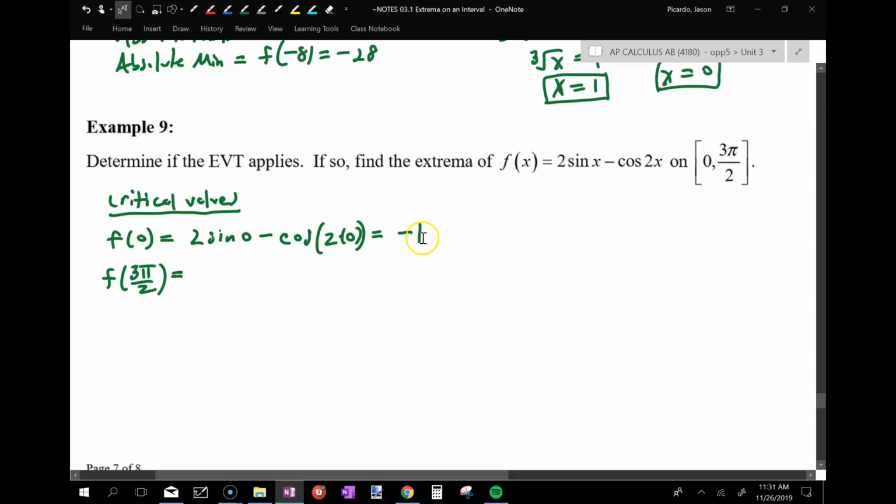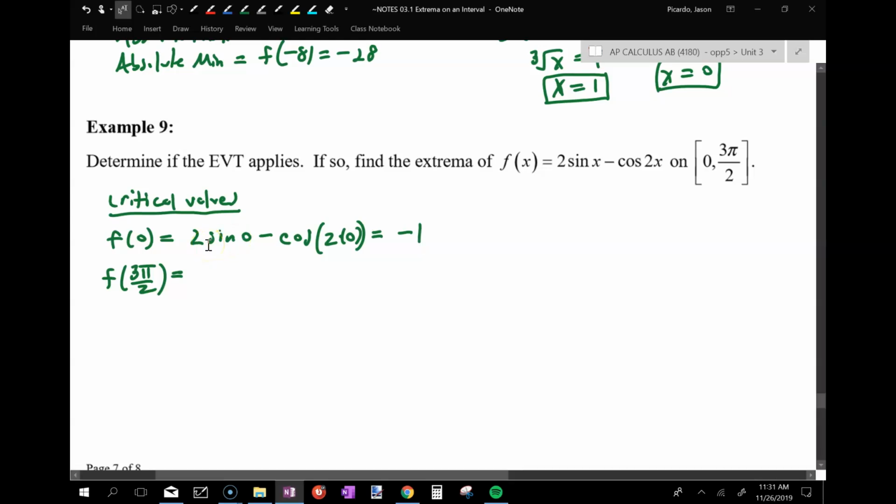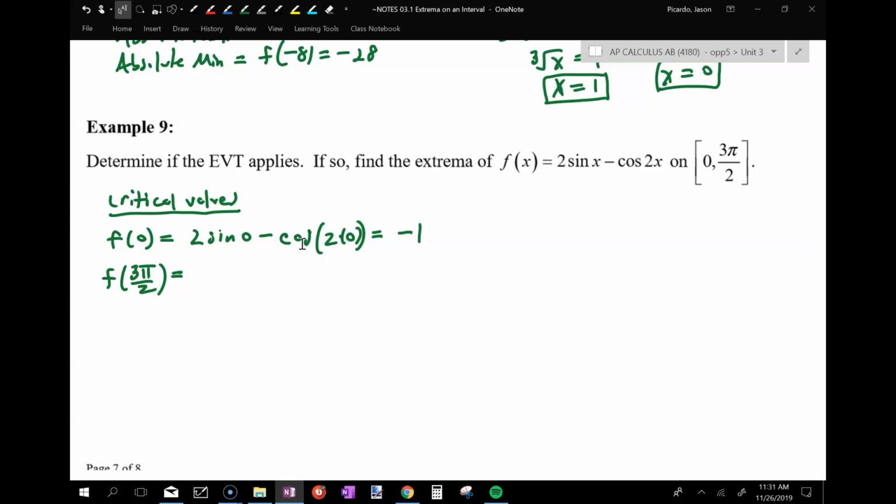All right, 3 pi over 2. What's sine of 3 pi over 2? Close. -1 times 2. -2. All right, and then if I double 3 pi over 2, what does that give me? 6 pi over 2, which is 3 pi. And what's cosine of 3 pi? 0.